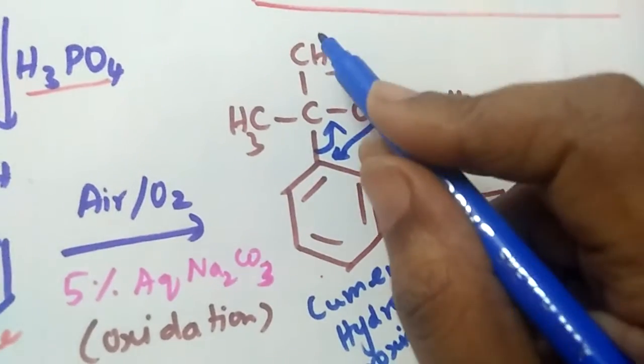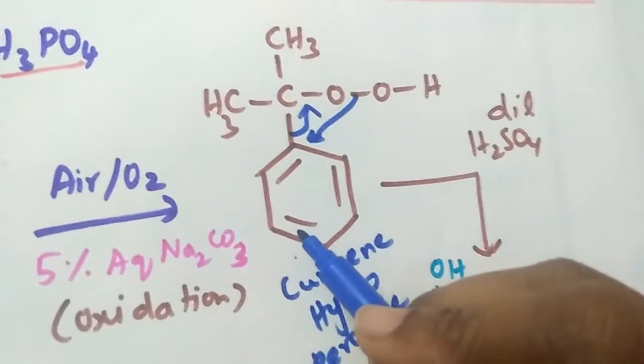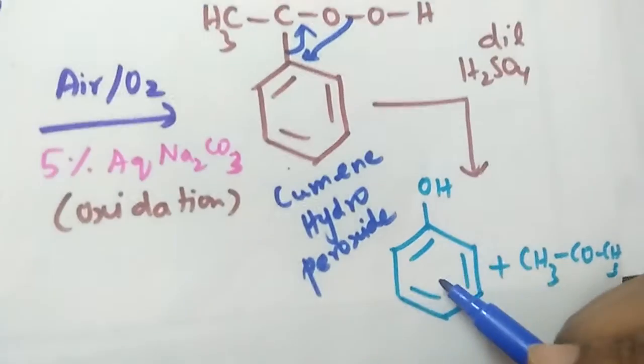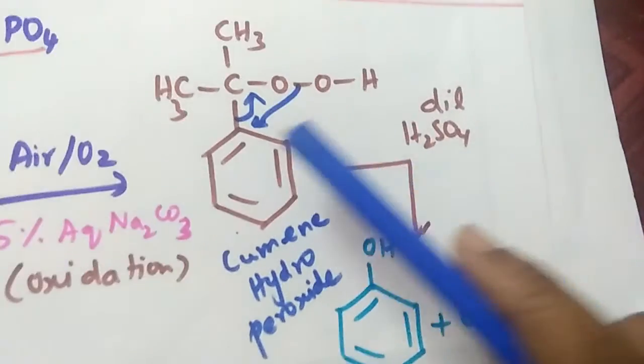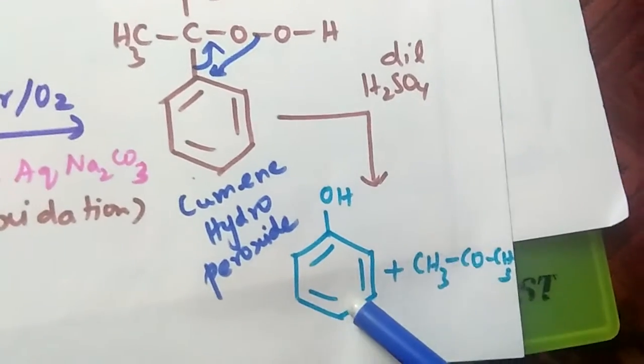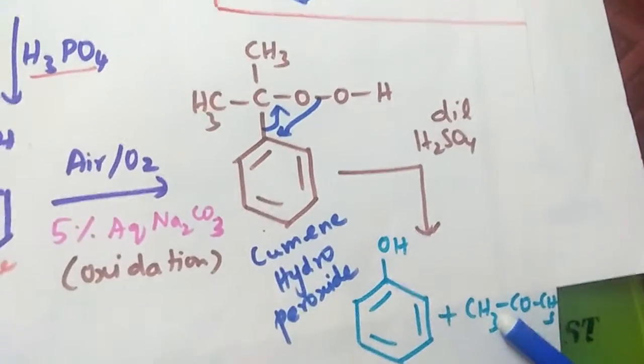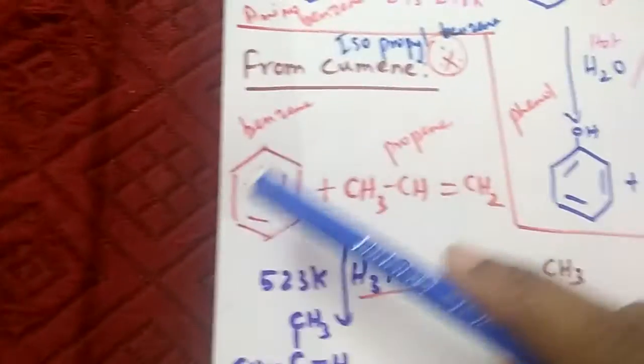CH3 C double bond O CH3, acetone is formed. This OH is directly attached to the benzene ring to form phenol. So cumene hydroperoxide, when treated with dilute sulfuric acid, forms phenol and acetone. And this is how phenol is prepared from cumene.